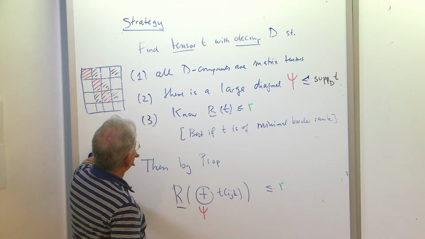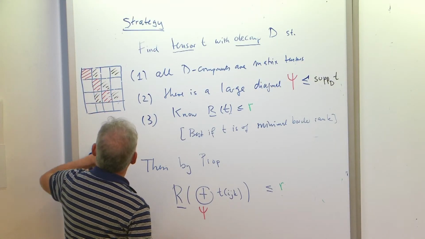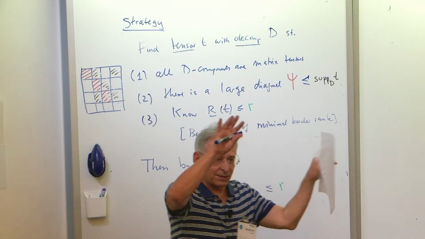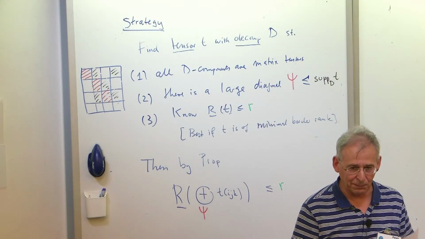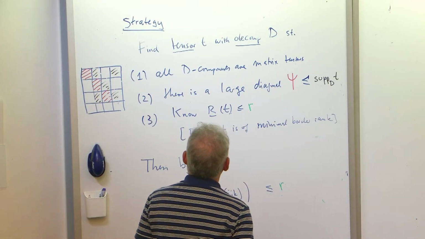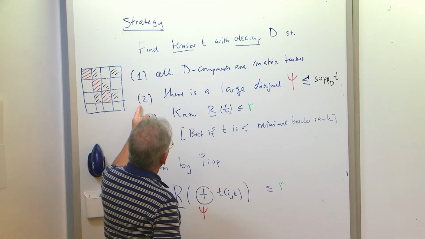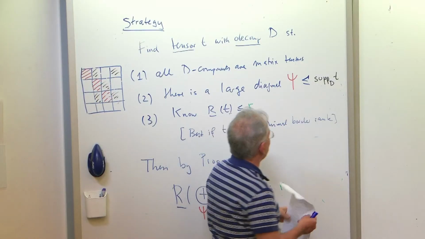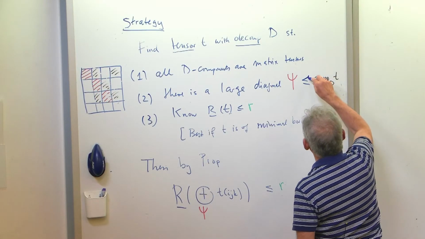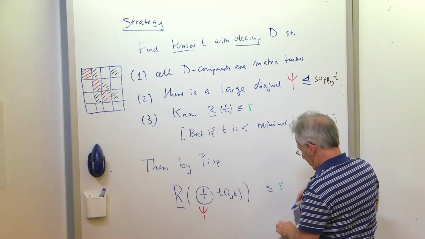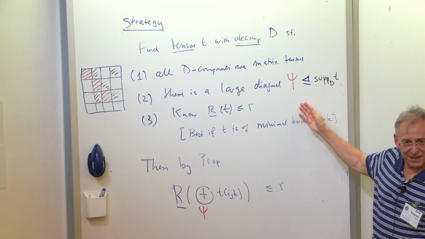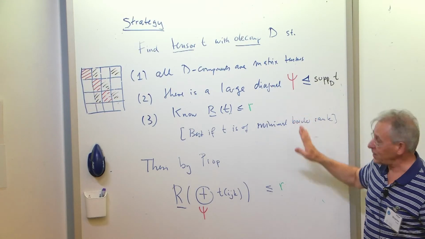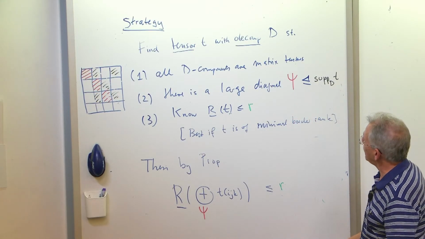Property 2 is now you just look at the support. So where do you have something non-zero? This is, in this three-dimensional cube, some combinatorial object. And there you want to make sure that you find a large diagonal psi, which is a combinatorial degeneration. You remember, this is this symbol here, and this was achieved by these strange maps ABC. And by large, you mean large in... Okay, large means this basically.